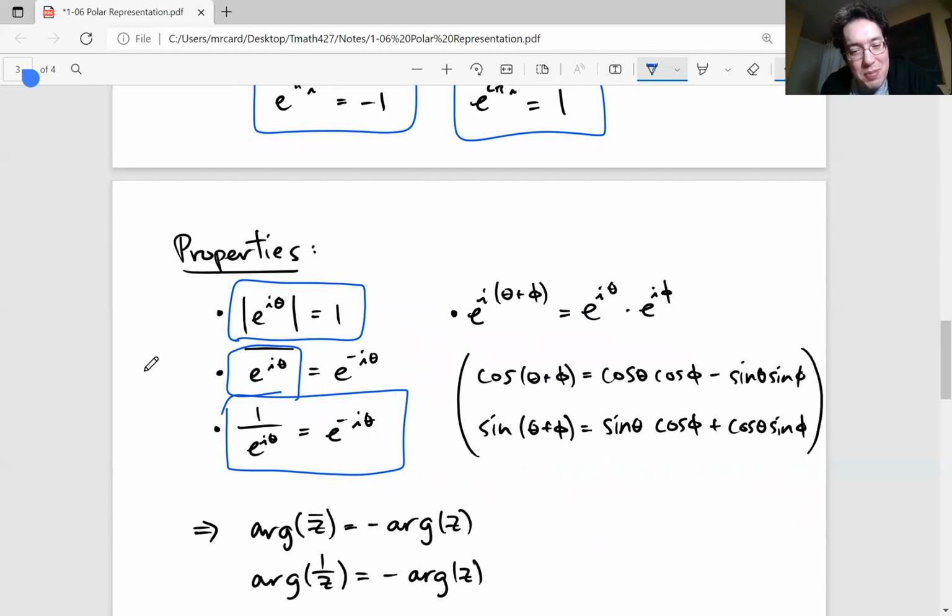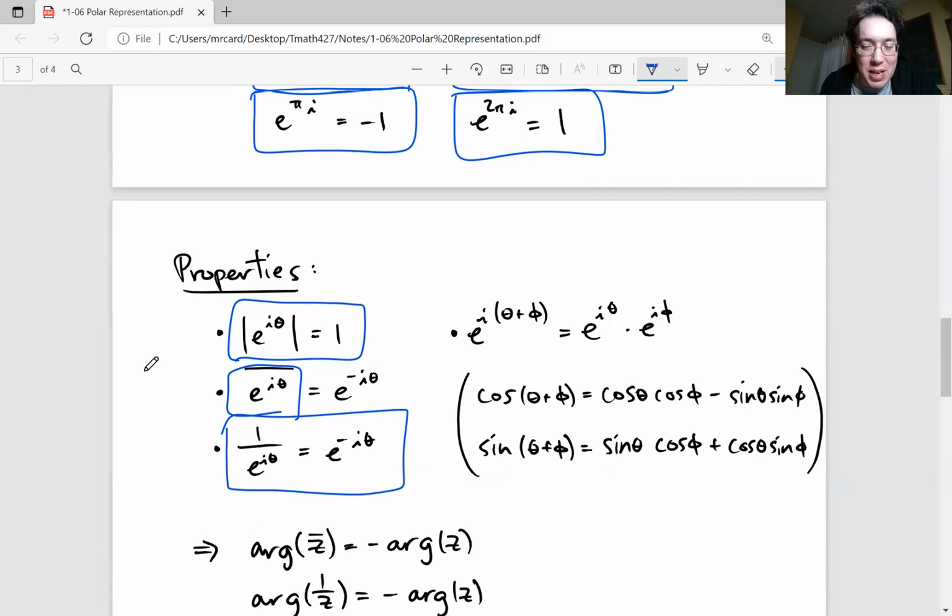How to think about this? If you multiply e to the i theta times e to the negative i theta, you're going to get 1, right? So you could think about it that way.